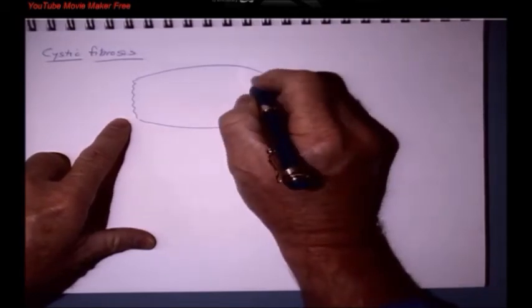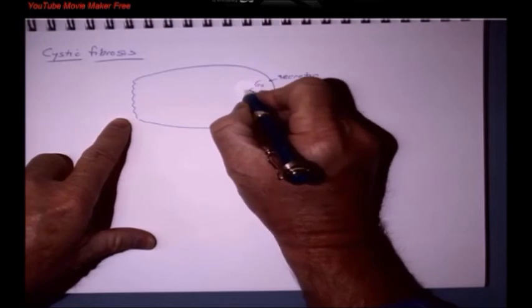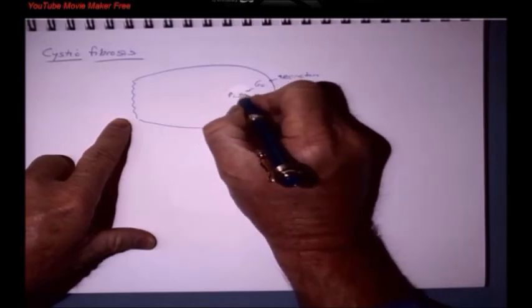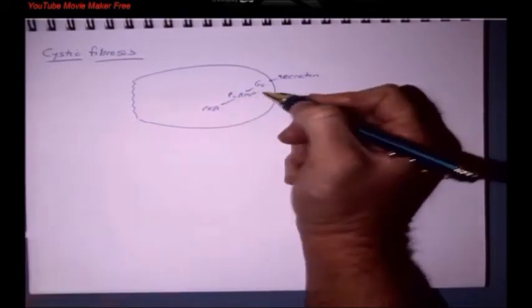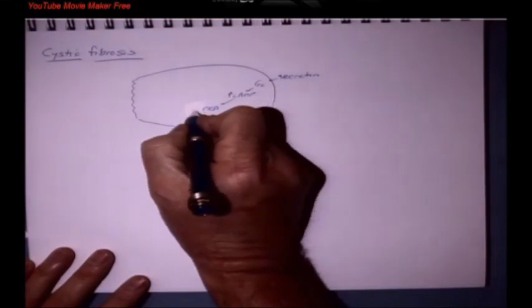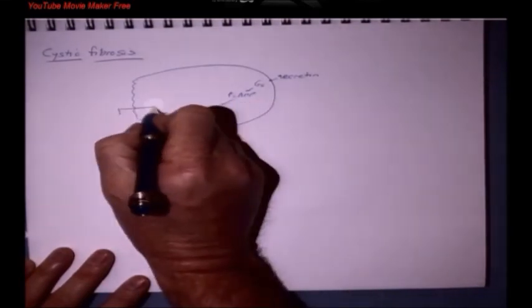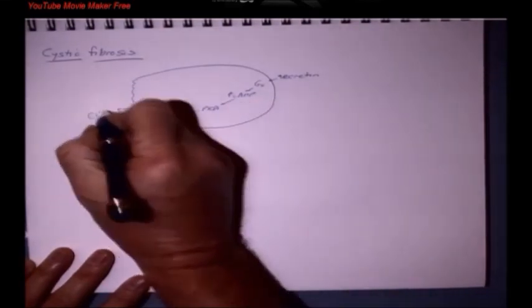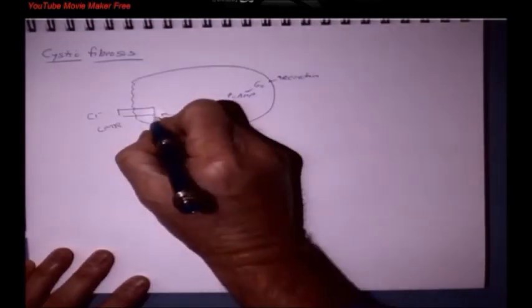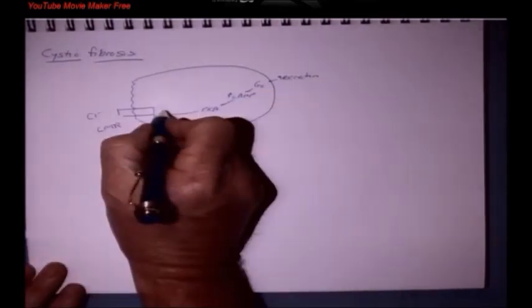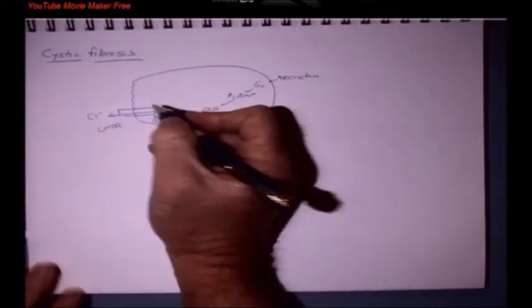And this is going to go through your Gs, increase cyclic AMP, increase protein kinase A activity, and then protein kinase A is going to phosphorylate the chloride channel, CFTR. Once this phosphorylation reaction occurs, chloride will now flow out of the cell.